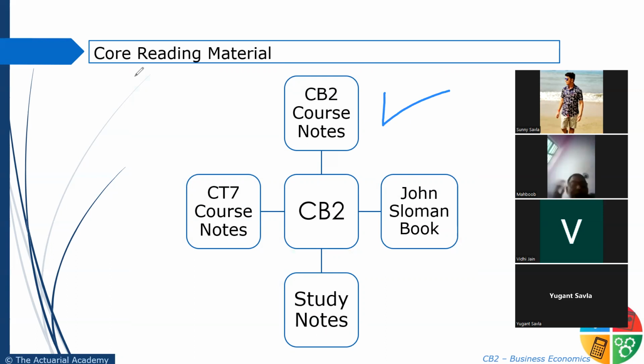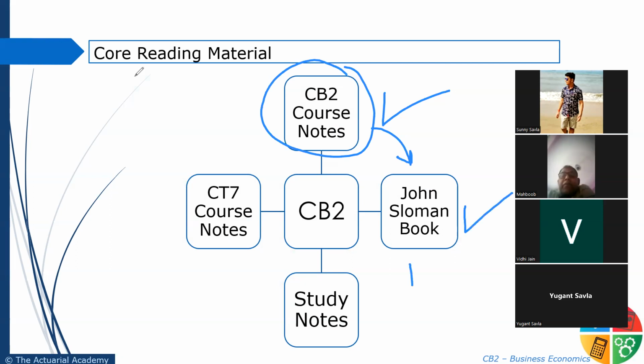They always refer to a book known as the John Sloman book, written by the economist John Sloman. This is an extensive book consisting of various chapters and details, and every section of the CB2 course notes refers to it. So we can say that this is the core reading.